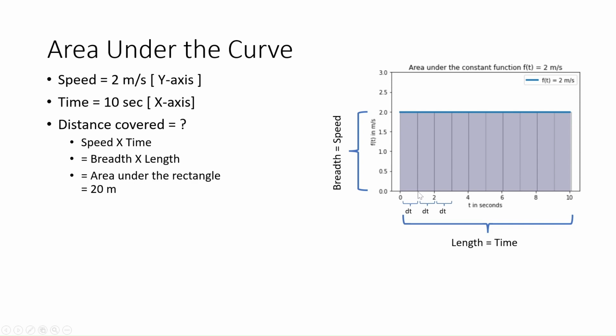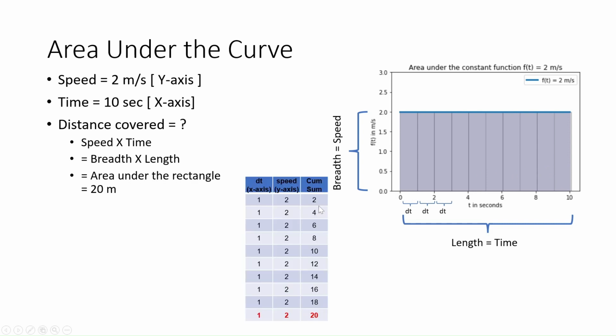In the next step, we again increment this small dt, which is 1 second. At that point, that is at 2 seconds, the value of y is 2 meters per second, so the area of this rectangle is again 2. We continue to repeat this process over and over again until we have reached the 10th rectangle.